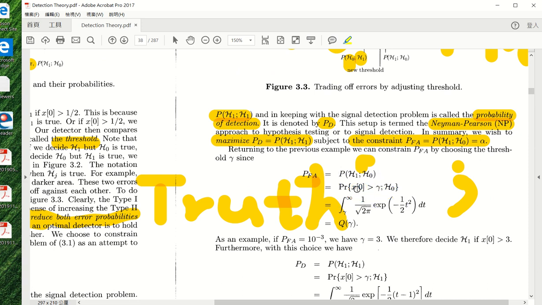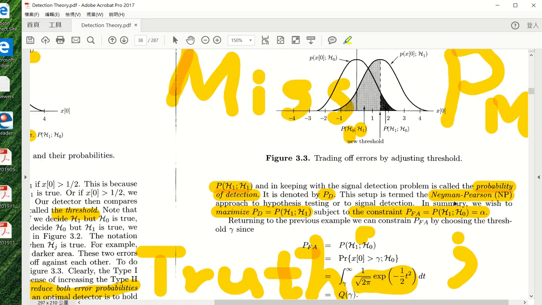Under this hypothesis, when the sample is larger than gamma, that's when we make a decision for H1. And therefore, conditioned on H0, its probability distribution is like this, and we integrate its probability from gamma to infinity.